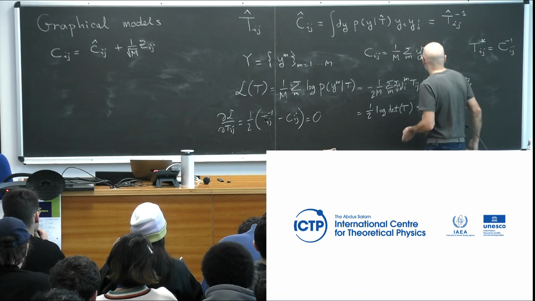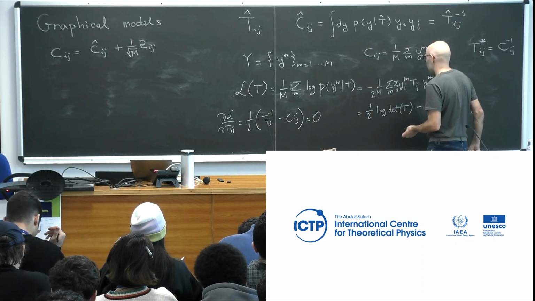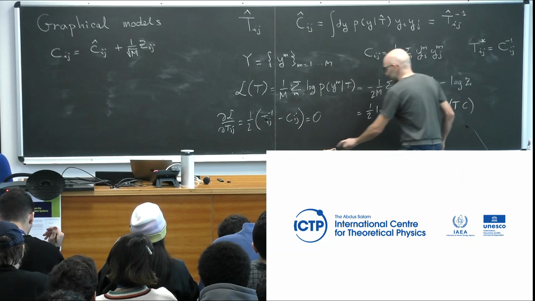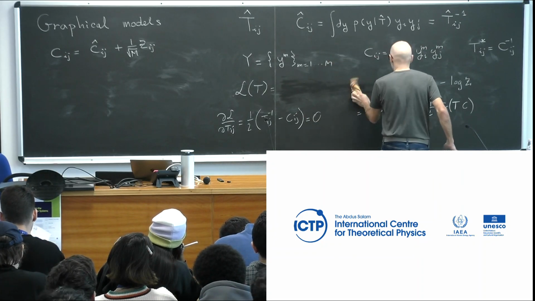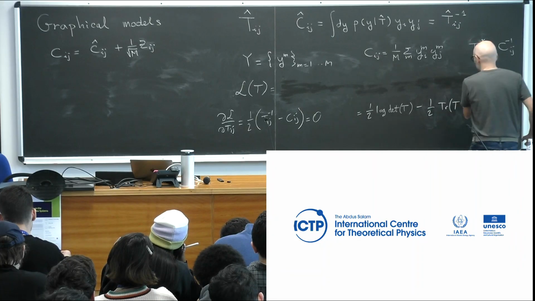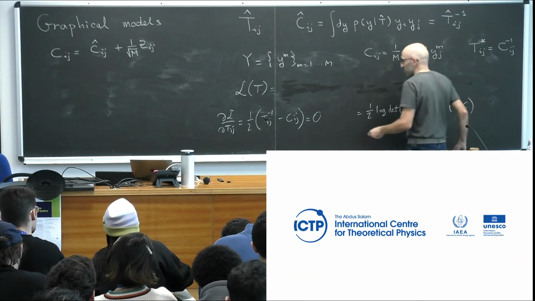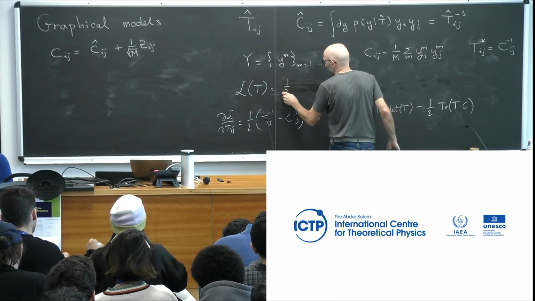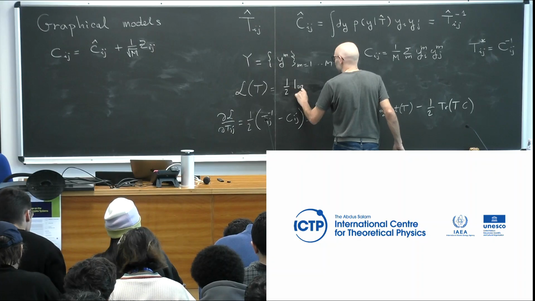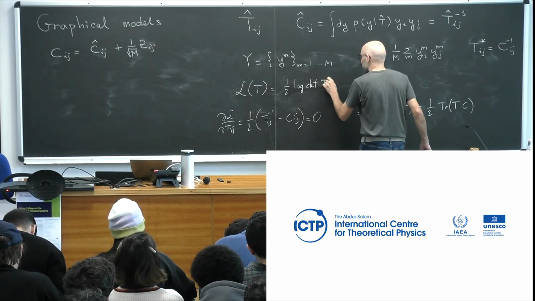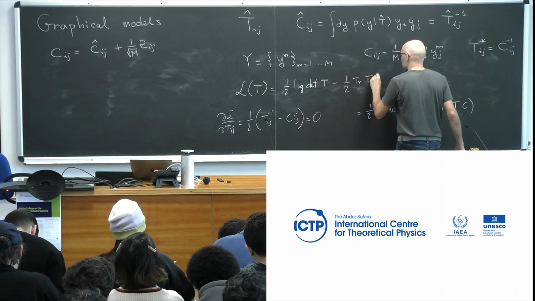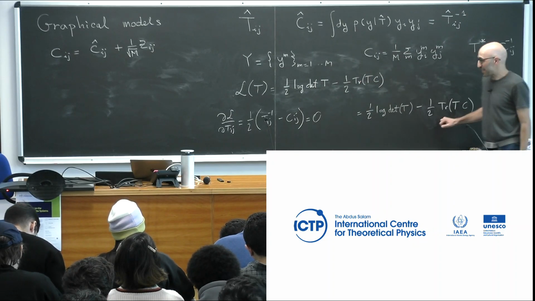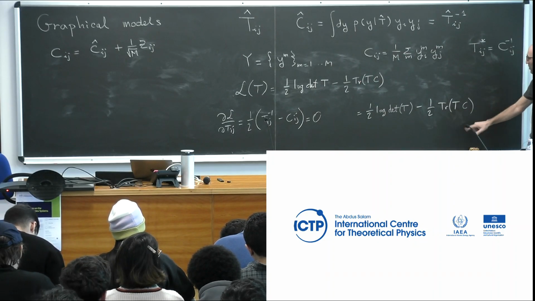So the simplest thing you can do to regularize the problem a little bit is to say, okay, I add some penalty to the non-zero elements of T. So I take my likelihood, and then I put some penalty for non-zero T.